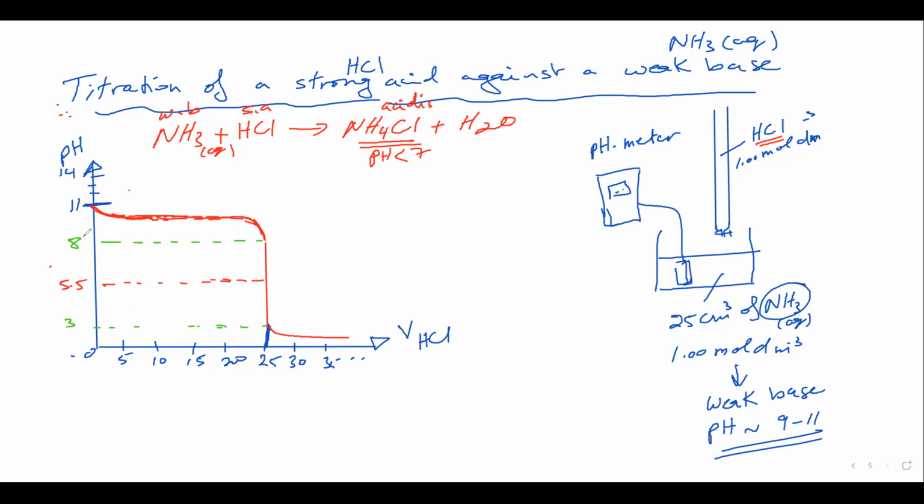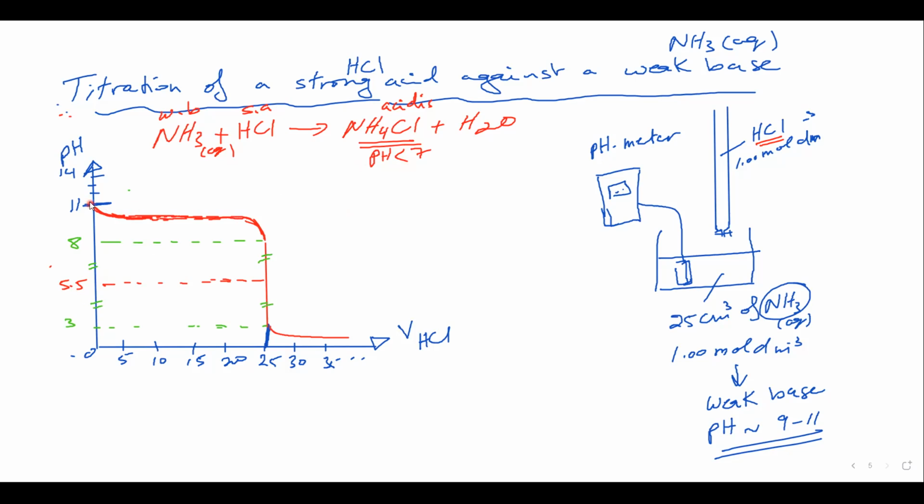So here we have from 8 to 3, we have 5. So this is 2.5, and then another 2.5. So you will see that this part is equal to that part, and here is equal to that part. But the pH at which the neutralization will take place will be at a pH of 5.5, because the solution formed here will be acidic due to the formation of ammonium chloride.